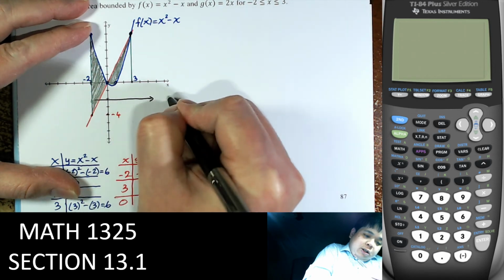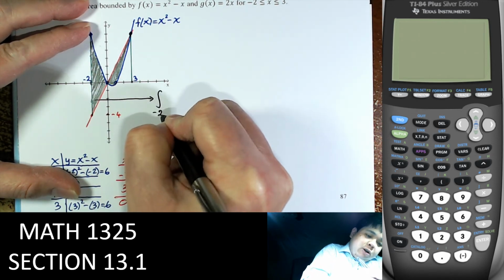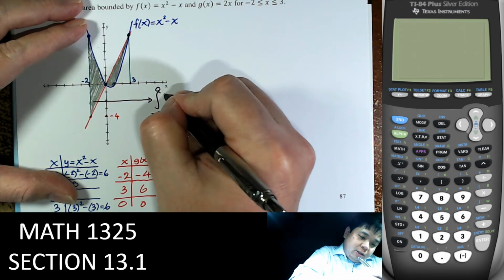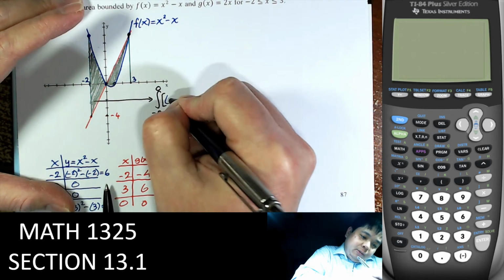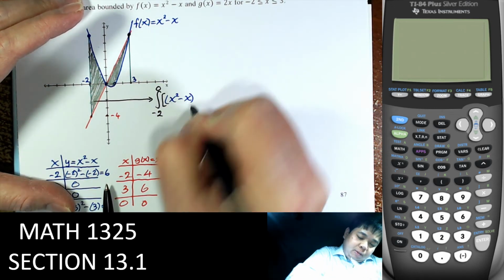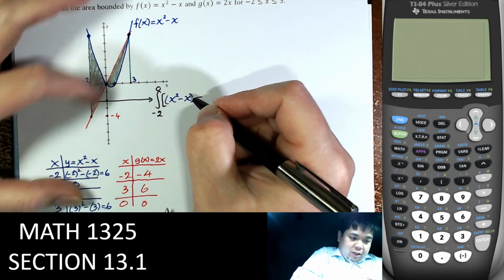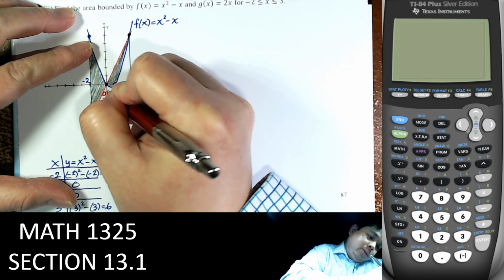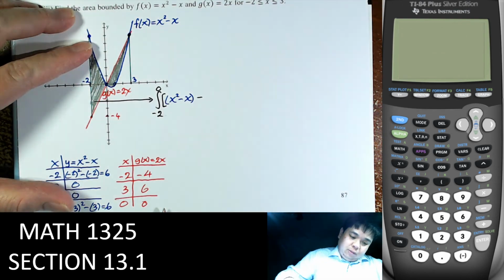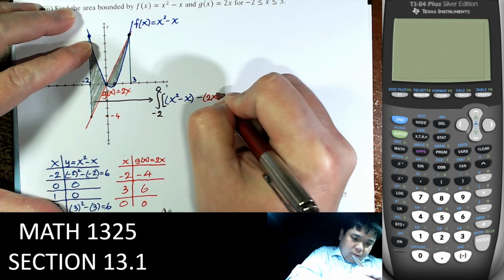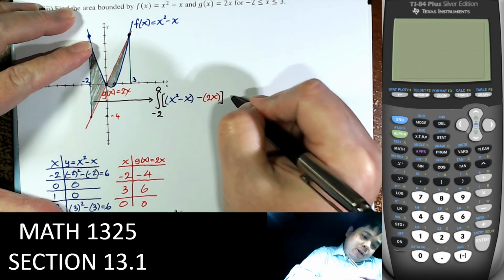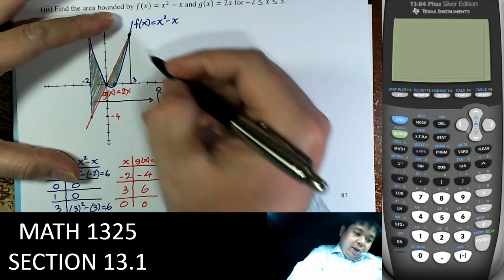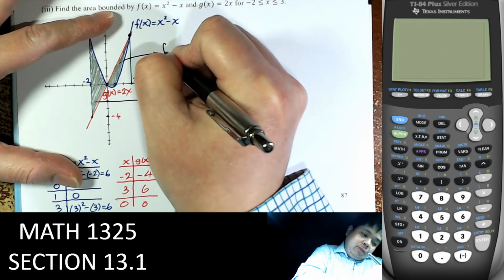This part, the area from -2 to 0, the function above is going to be x squared minus x. The function below is 2x. So that is this area. And this area will be from 0 to 3.